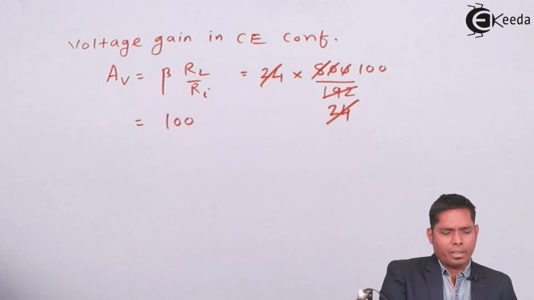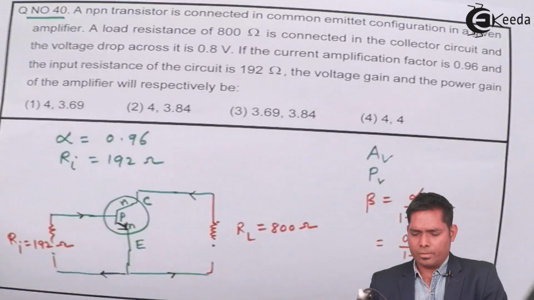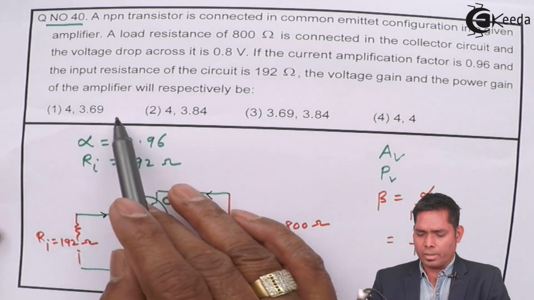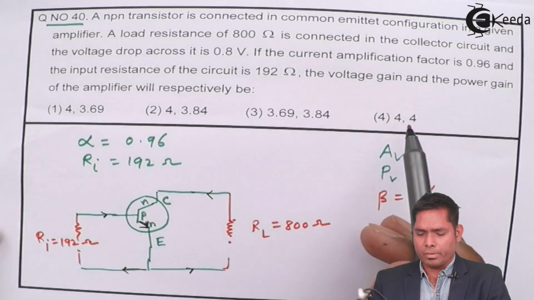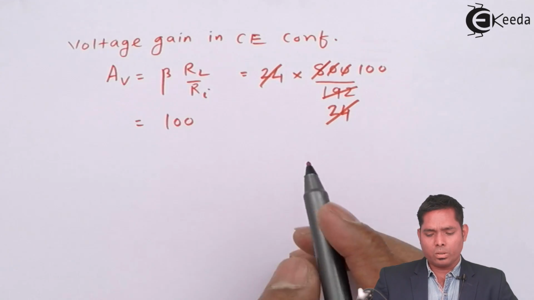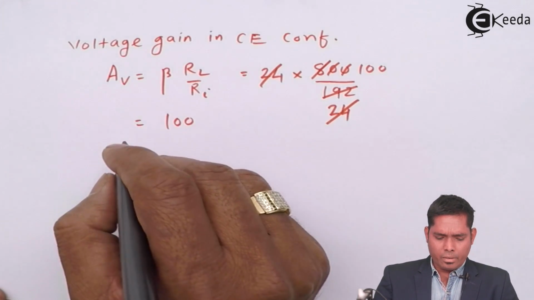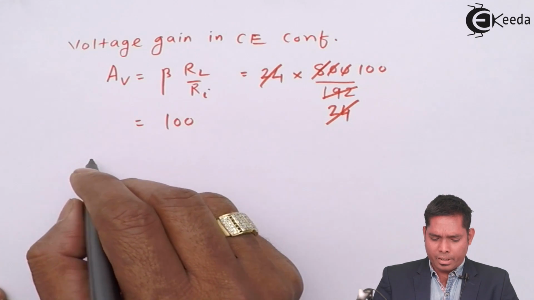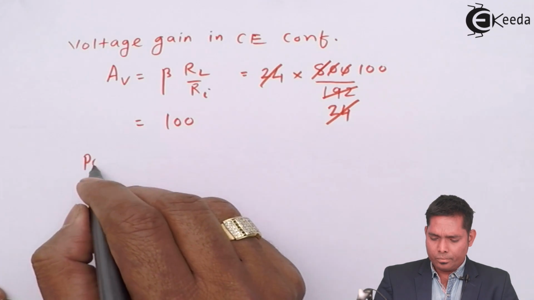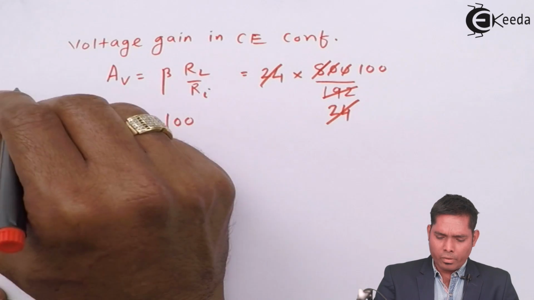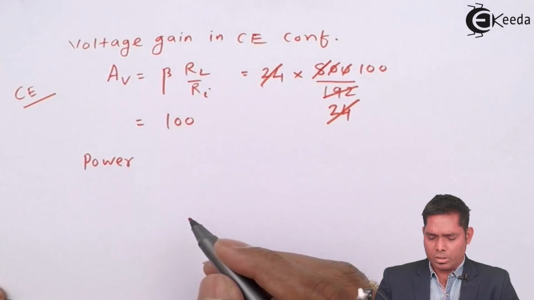But there is no 100 in the options. No one is having 100. So that means he is not asking about the common emitter. Again, let us find the power gain for common emitter configuration.